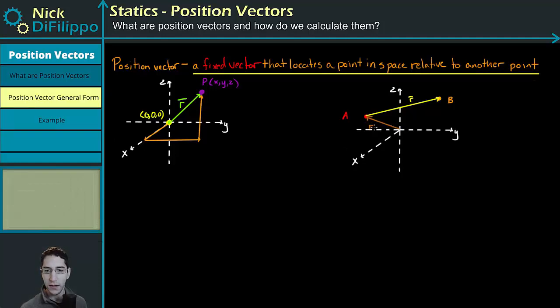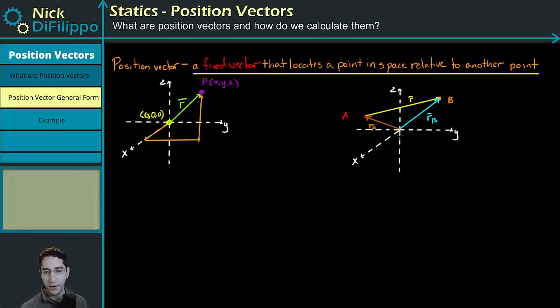So this is R sub A. And let's relate point B to our origin. And this is RB. So these are two position vectors. This is a position vector between A and B.